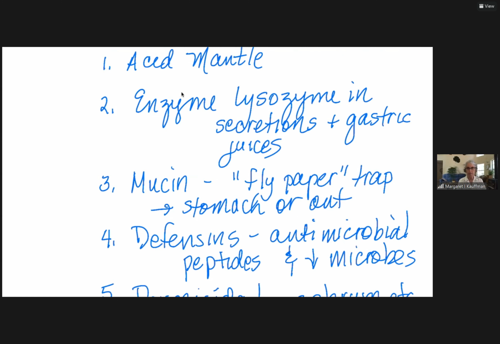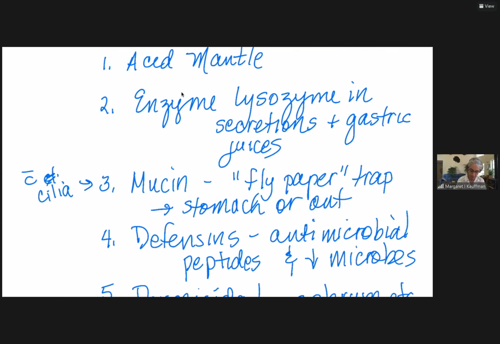And in some cases, you also talked about secretions that you transport things to, like the mucin, you're working with cilia to move a kind of flypaper trap through the sticky mucin. You know what mucus is like in your respiratory tract or in your oral cavity, and you're trying to move all that to your stomach and let the stomach kill it with its acids. So some things are trapping.